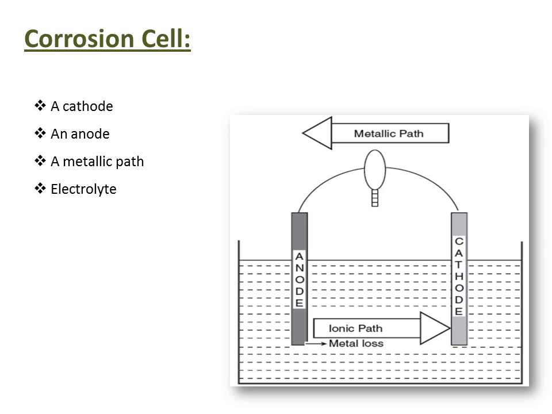So the DC current flows from the anode through the surrounding environment, that is the electrolyte, and back to the anode through the metallic wire. So one path, electron is moving from anode to cathode through this metallic wire, and cathode to anode through this ionic path. So what is happening?